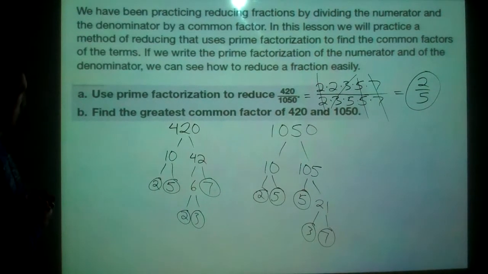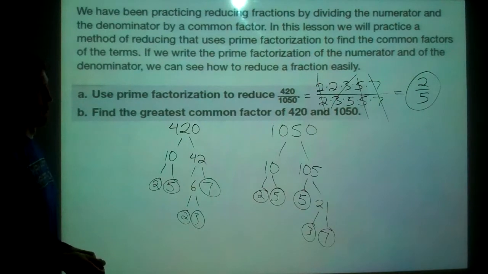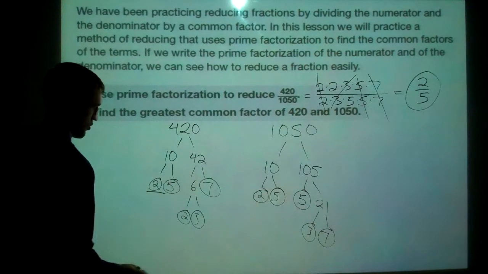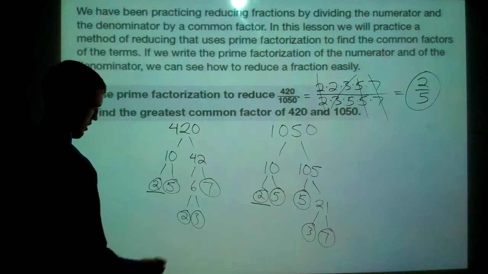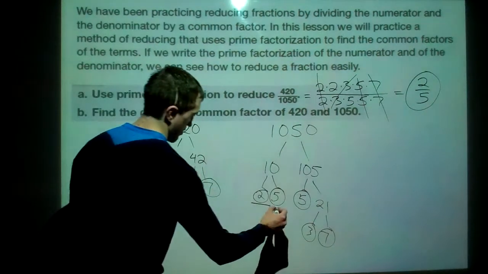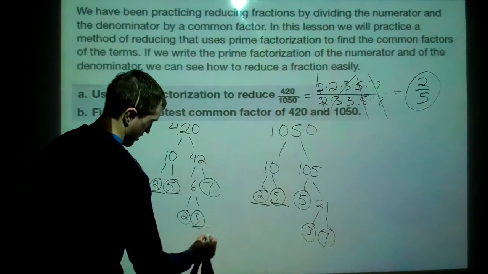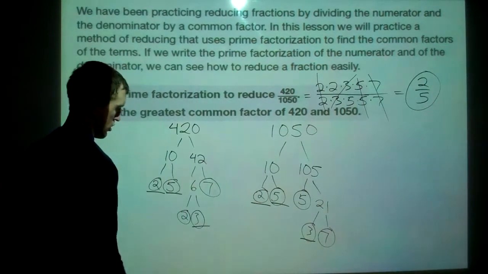Now it says for B, what's the greatest common factor of 420 and 1050? Well, let's look at what they share in common. They share a 2, they share a 5, they share a 3, and they share a 7.